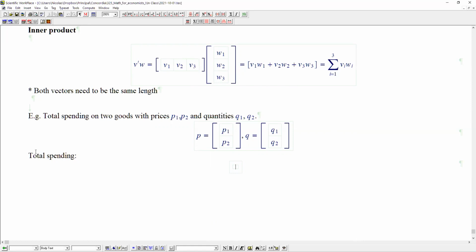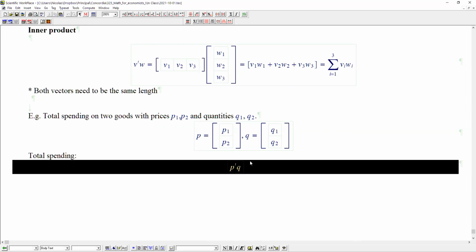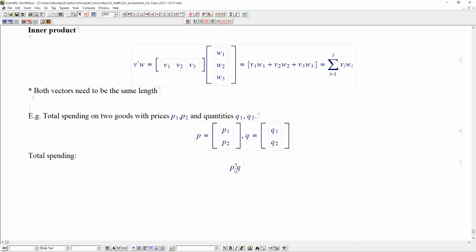Yeah, but what's my expression? It's this, right? So it would be P prime Q. That's the neat thing about algebra: I don't have to know exactly how many goods I have.